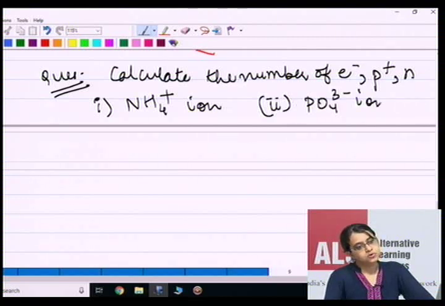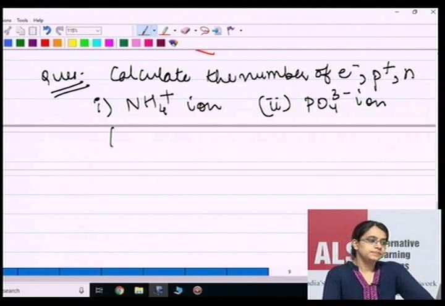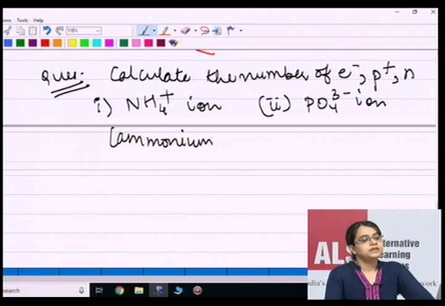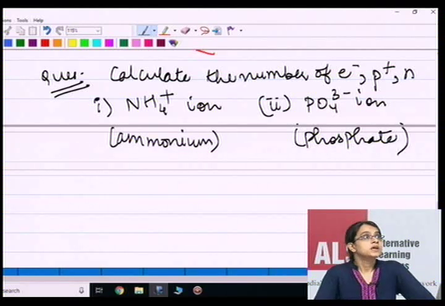Okay, I hope you know NH4 plus ion is actually ammonium and PO4 3 minus is phosphate. Okay, both of them are very important groups. They are used a lot in chemistry. So, please tell me the number of electrons, protons and neutrons in both of them.